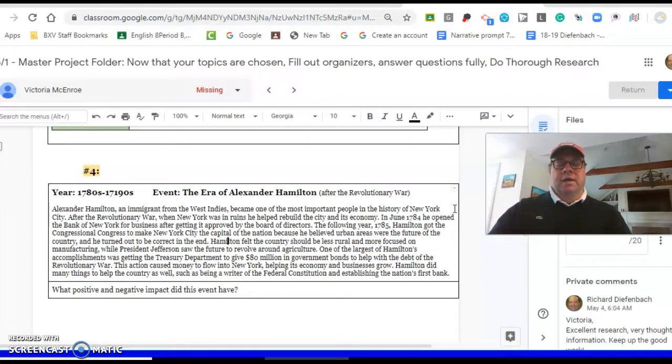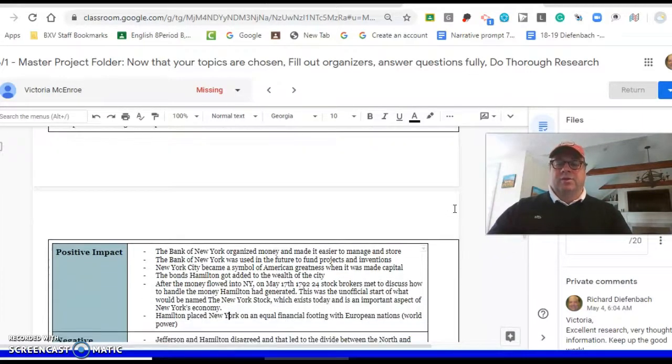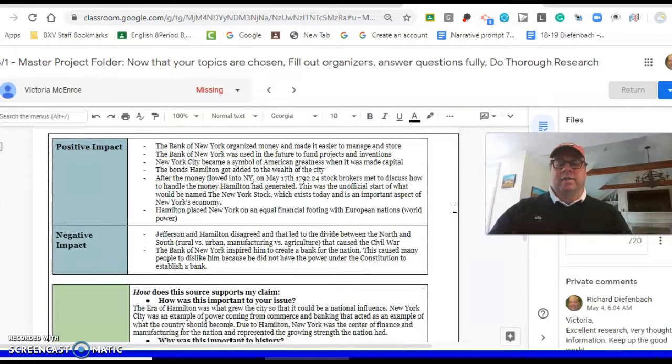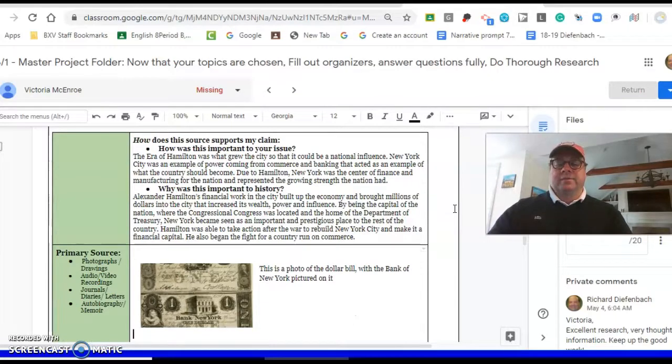And how he really used New York as a financial capital, and why it's the financial capital today, really primarily because of Alexander Hamilton's efforts. And it shows here what he started, the Bank of New York, and then the negative impact, and that it did kind of move all the banks to the central northeast area, and a lot of banks, because they were national banks, had an impact on other businesses throughout the colonies. So they felt like there was preferential treatment. But then go through here and take a look at the different sources here.